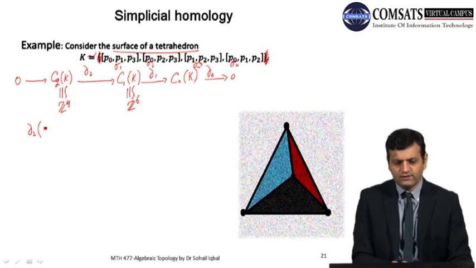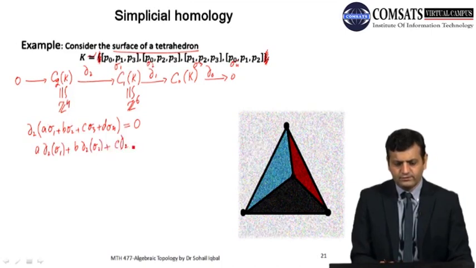Then we want to calculate such that the elements A sigma 1 plus B sigma 2 plus C sigma 3 plus D sigma 4 go to 0. Of course this is a linear operator, so this is equal to A partial 2 sigma 1 plus B partial 2 sigma 2 plus C partial 2 sigma 3 plus D partial 2 sigma 4 equal to 0.